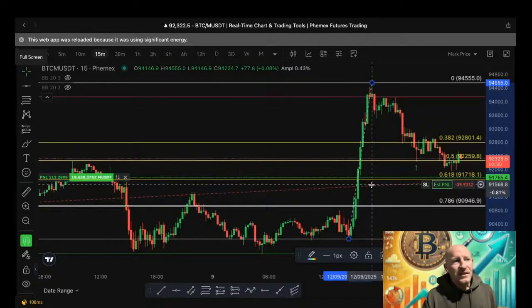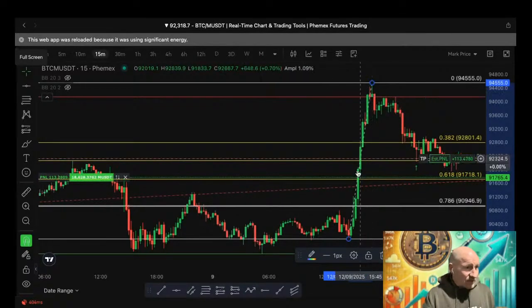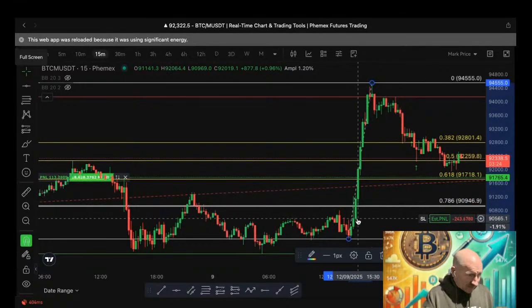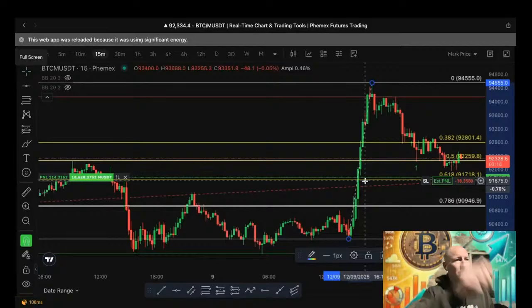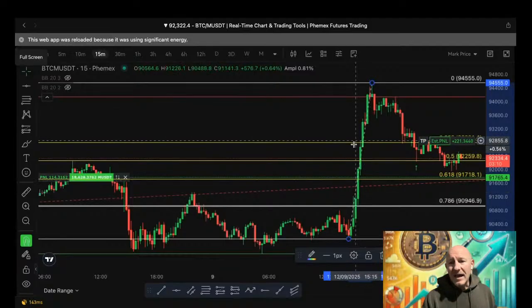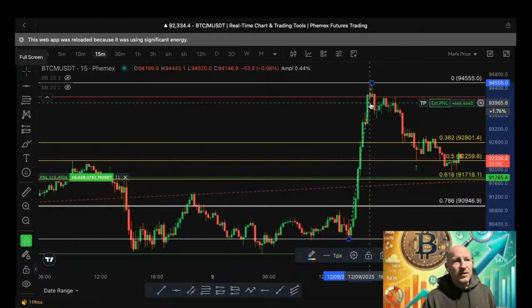And what you do to fade the move is you wait for, see all these candles here, how there's no wicks on them. It's just green candle, green candle, green candle, green candle, no wicks. No wicks at all. Just boom, shot up. So what you do when that's happening is you wait for a wick to appear.